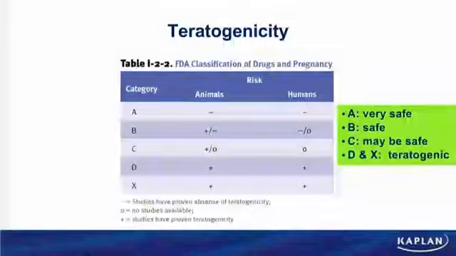An example would be if you don't have any suitable alternatives to treat their condition. But with category X, you immediately discontinue the medication. Don't even think about continuing a patient on a category X type drug. Immediately discontinue. Again, both are harmful to the fetus, and we're going to talk about some examples in the rest of our lectures of drugs that are teratogenic, and if we know the specific teratogenic effects, those all make for very good test questions.